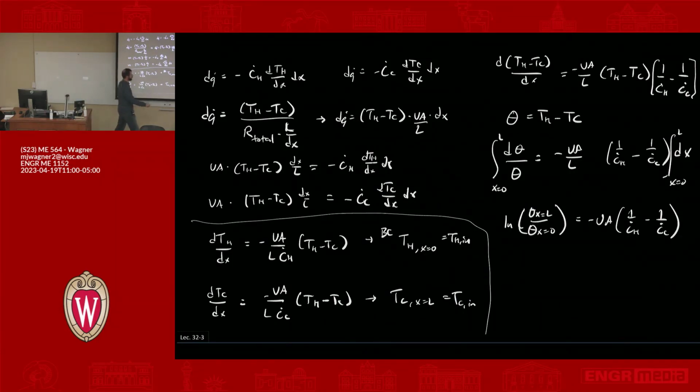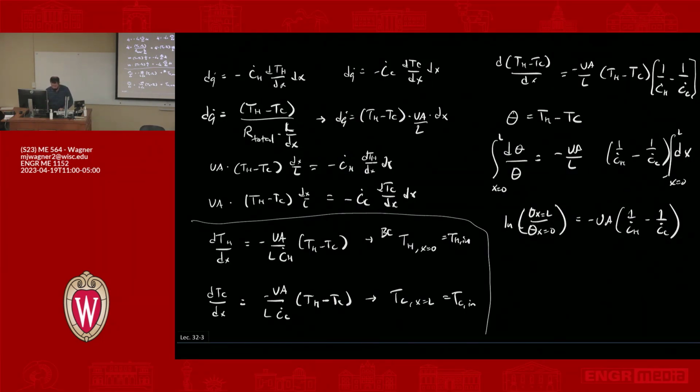Okay, so this is the expression. Again, what is this telling me? This is a relationship based on the geometry of the system, UA, between temperature and the flows. This is my third equation that I need to solve the problem, along with two energy balances. Let's get it back to temperatures so you have that available.